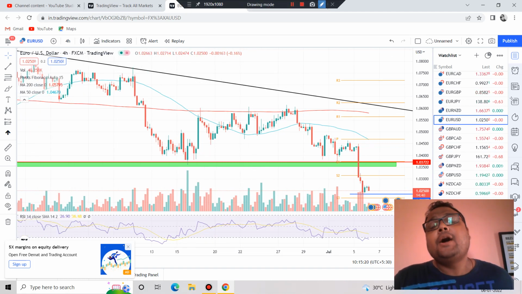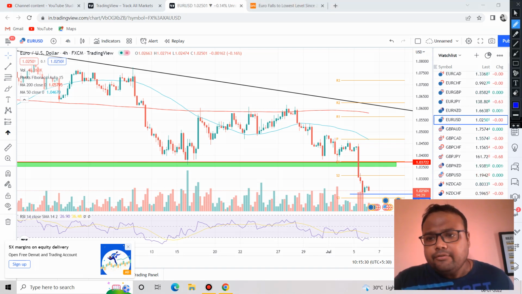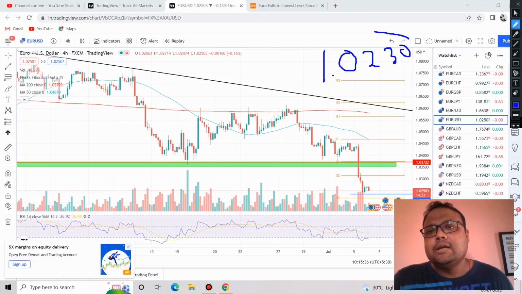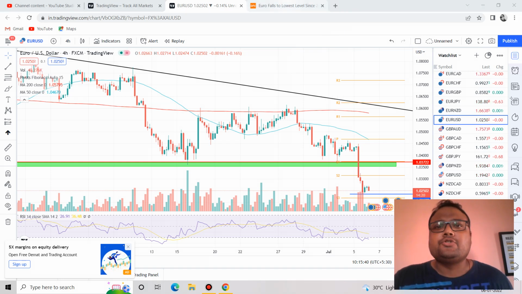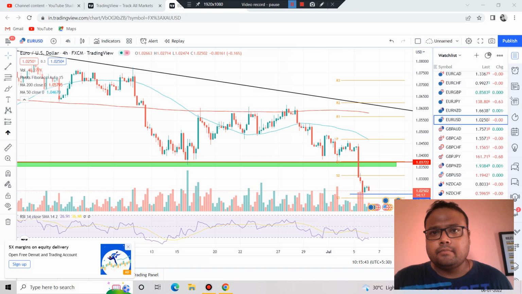So following the only rule of the market, you should also be looking for sell positions only. If you have already taken a buy position, then my dear friend, listen to me carefully, if the market breaks the 1.0230 level, then please exit from the buy positions, because things will be extremely critical for you again.